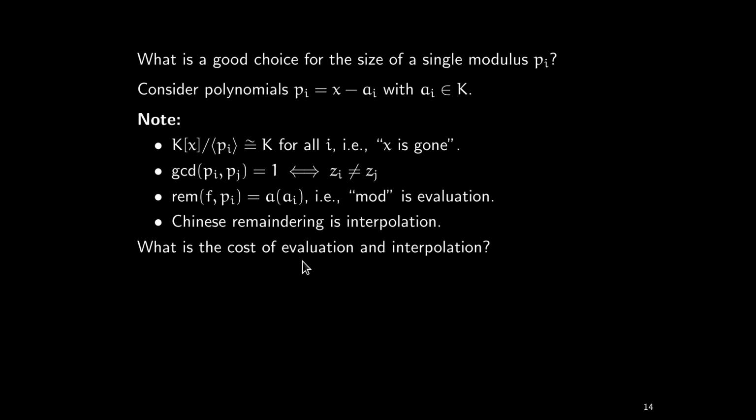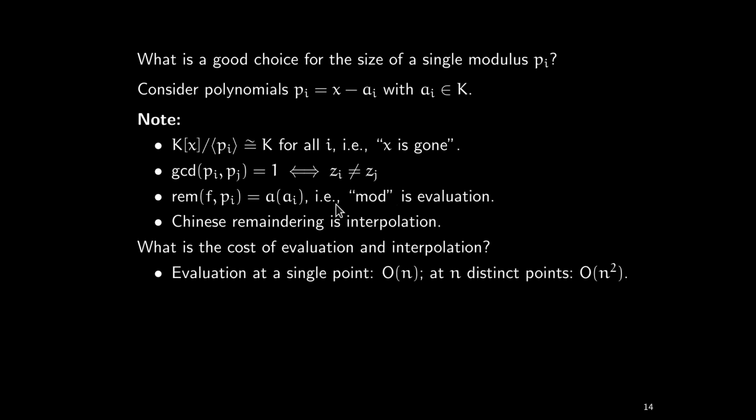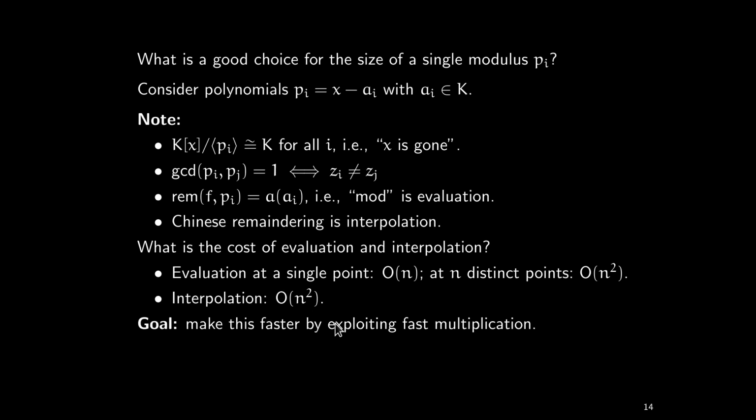So you know what it costs. The evaluation at a single point is linear time, but we have to do it at n distinct points, because if the answer has size n, we need n evaluation points in order to recover the value completely, but this is quadratic time, and you see that this is problematic. And for interpolation, you probably have been told that this is also quadratic time. So that's something that we will have to discuss next time, how to make this faster.